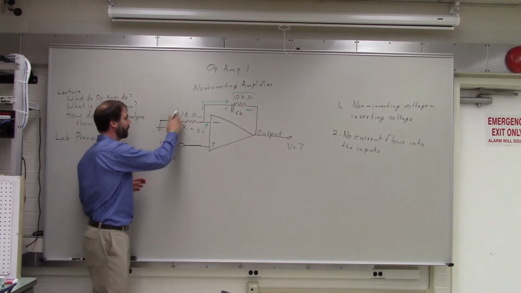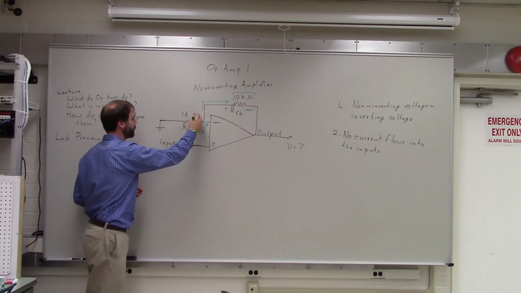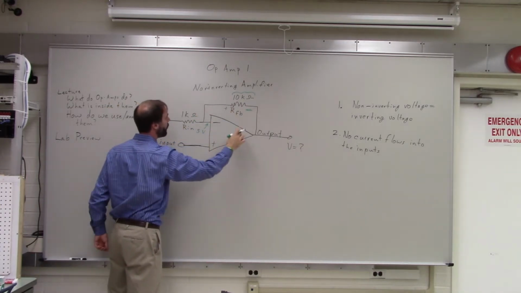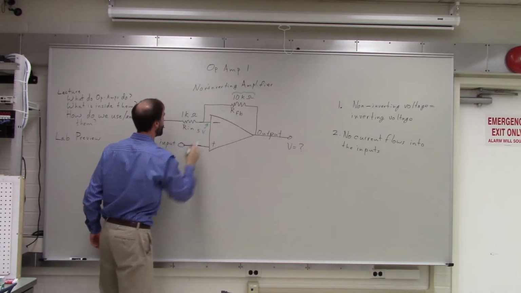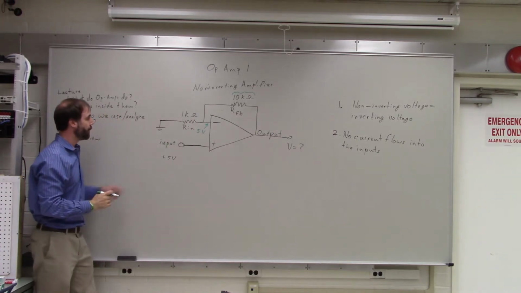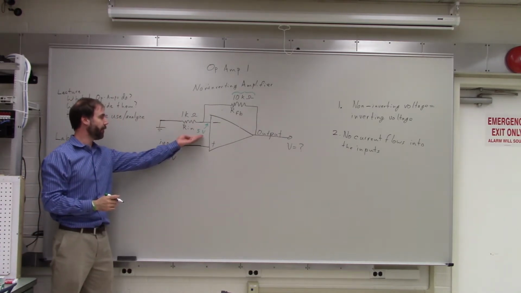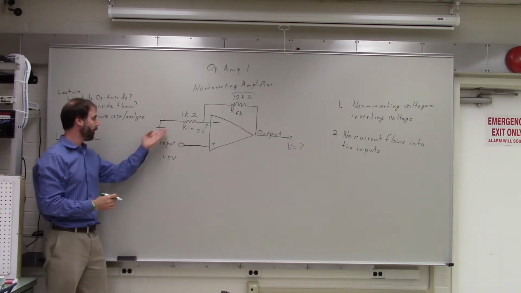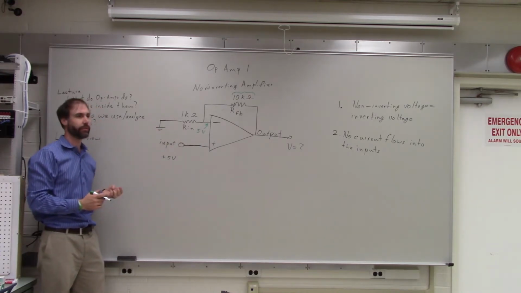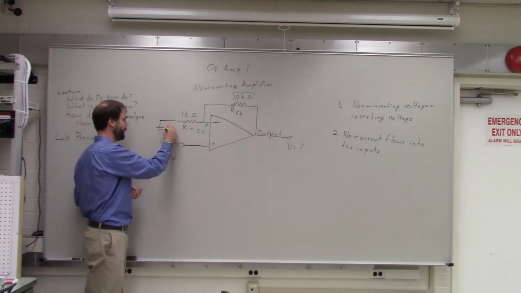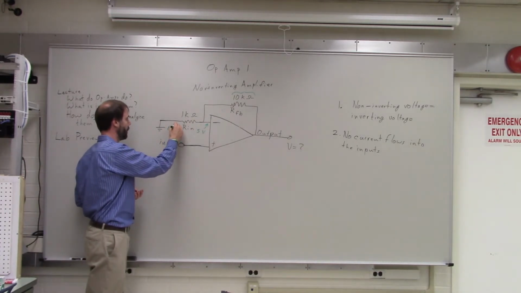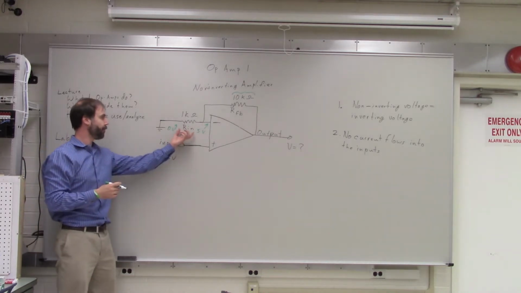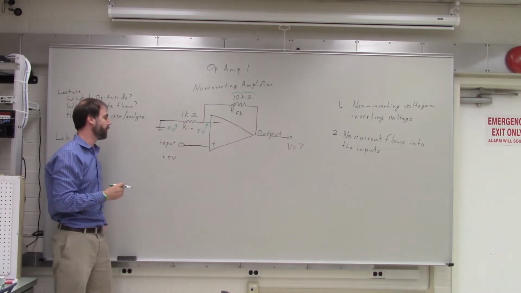Okay. So we have 5 volts on this side of the resistor, the input resistor, and we have what voltage on the other side? 0 volts, exactly. So we have a 5-volt difference across this resistor.